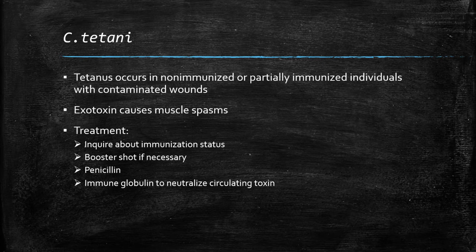This bacteria secretes a very potent exotoxin that causes muscle spasms. Any patient in the emergency room with a traumatic wound should be queried about their immunization status and a booster shot given if necessary. Established tetanus infections are treated with penicillin, and immune globulin can also be given to neutralize circulating exotoxin.